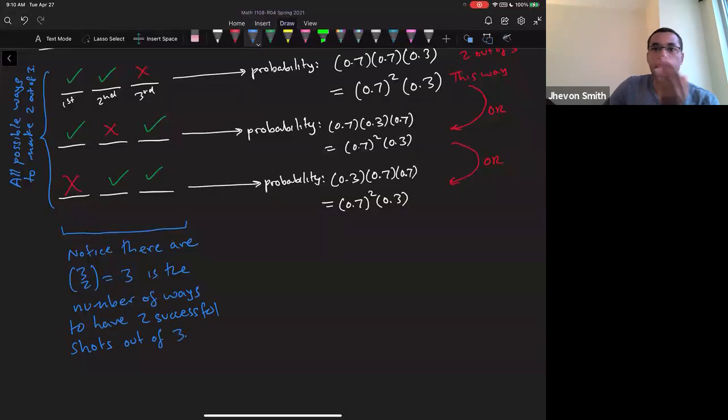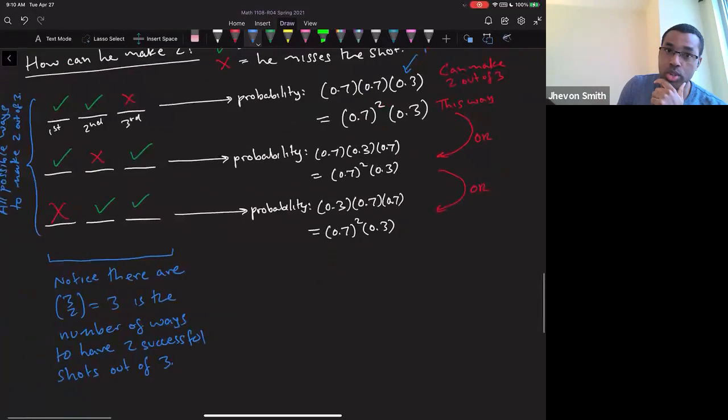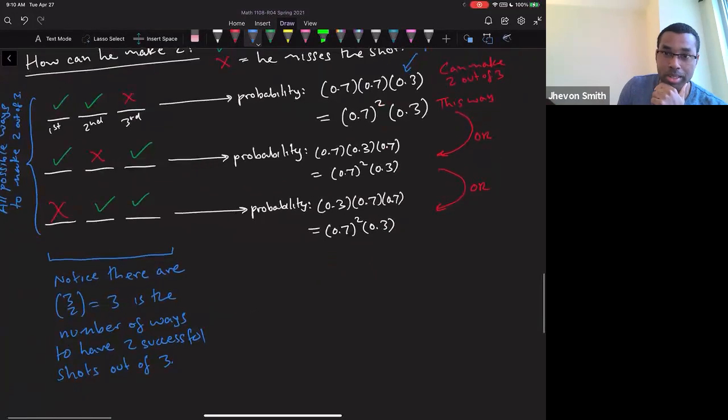Out of 3 free throws, choose the 2 for him to get success on, right? So that actually tells you the number of ways that he could achieve this outcome, by me counting all possible ways that this number of successes can happen. And okay, so that's what the choices would be. That was what I was going to eventually ask.